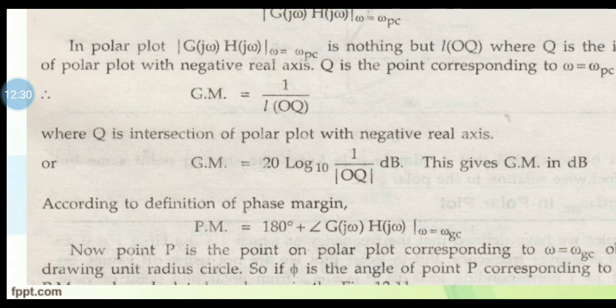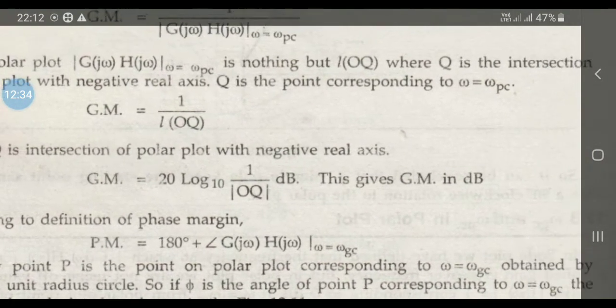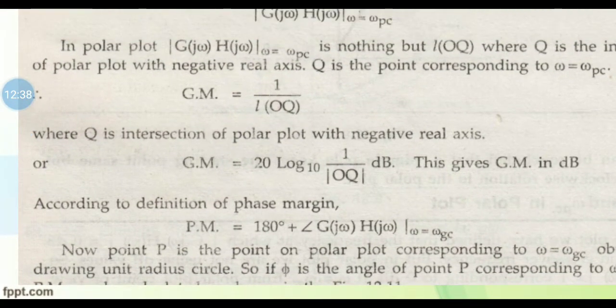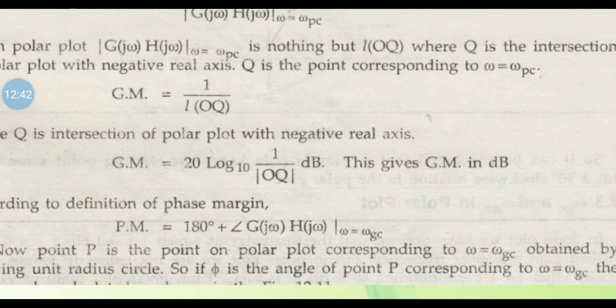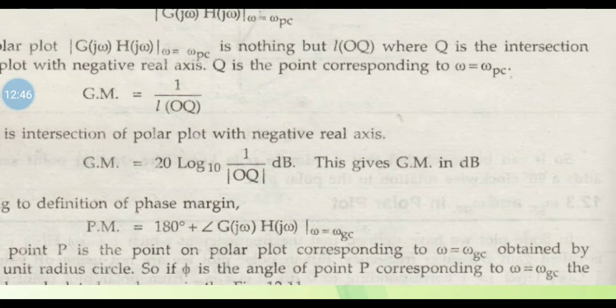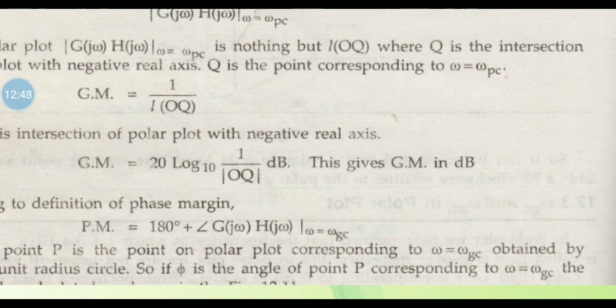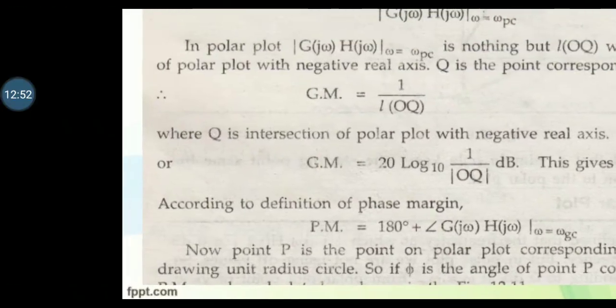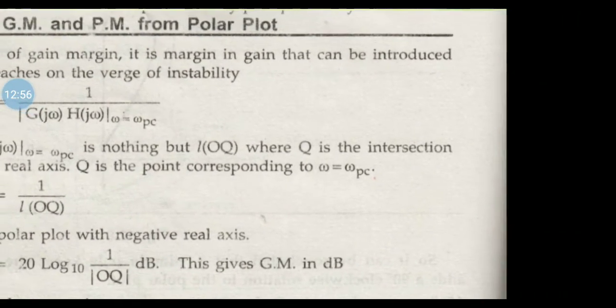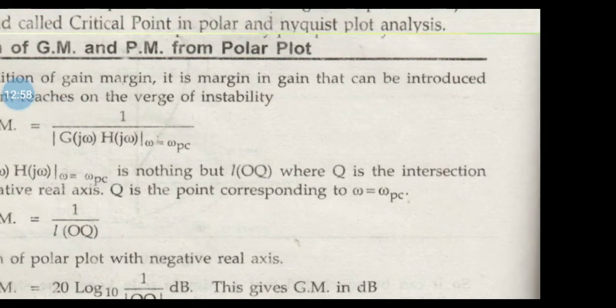Now this point P is a point on the polar plot corresponding to ω equal to ωgc, obtained by drawing the unit circle radius. If phi is the angle of point P corresponding to ω equal to ωgc, then PM can be calculated.